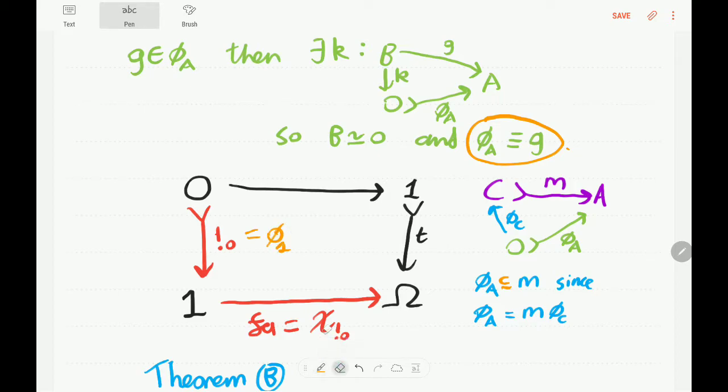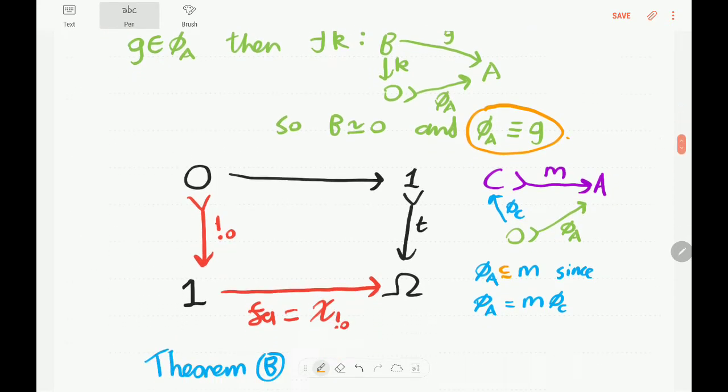Either way, it's the empty subobject of the initial object, if we like, and the classifying arrow of that is what we call false. So we could say that false is equal to chi of exclamation mark 0. Now, there's another way of defining false, often used in the Mitchell-Bénabou language, but it's equivalent to this. Okay, and now let's have a look at a nice result.